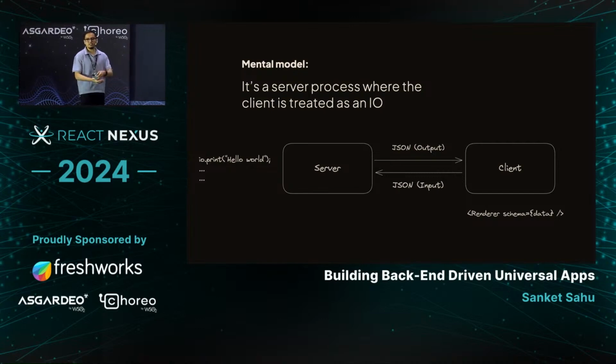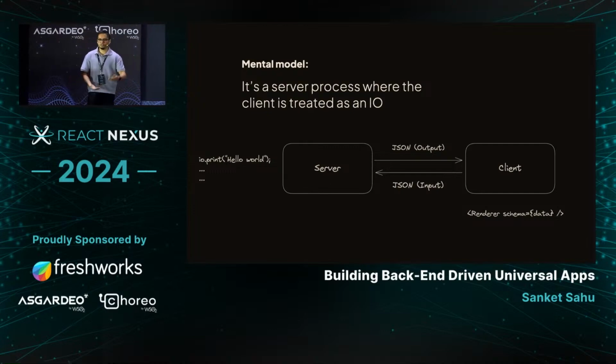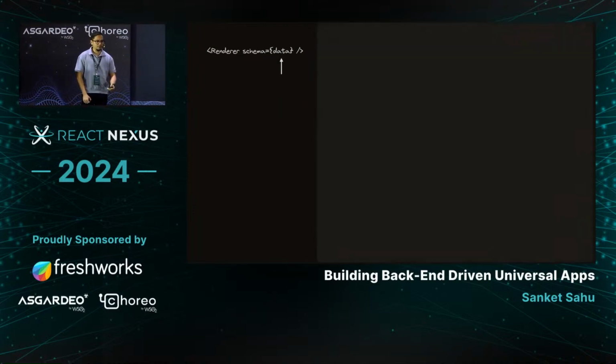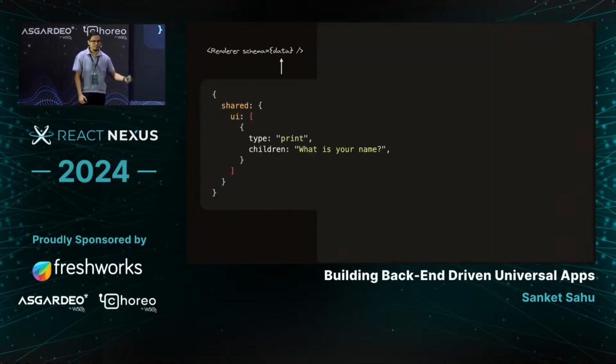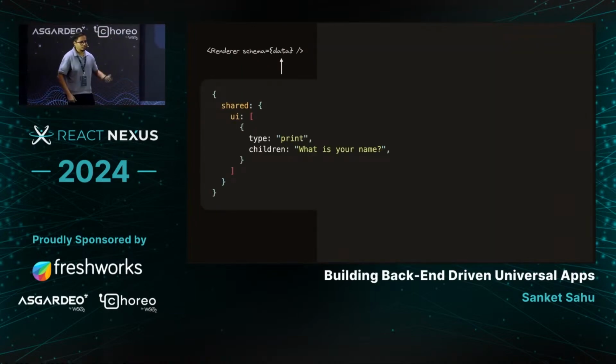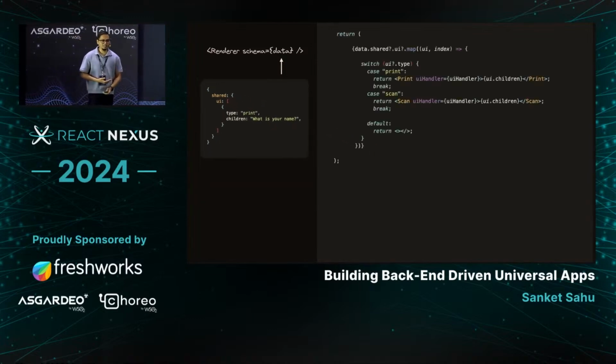And any interaction that happens on the client again goes back to the server. Very similar to the last talk, up until here, with a reference ID. And the renderer data is again very similar to the JSON that Mike and Eric showed in the last talk. This is the UI, and type is print, and children is what is your name.